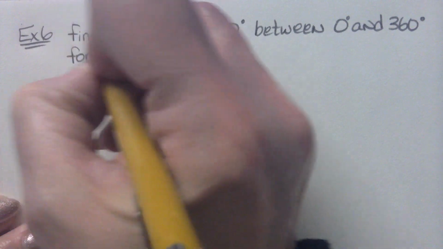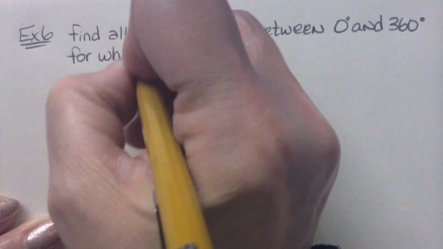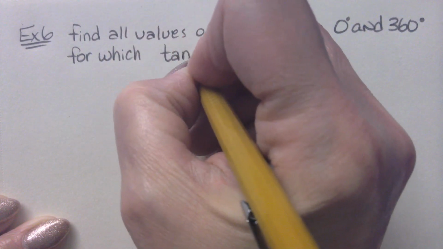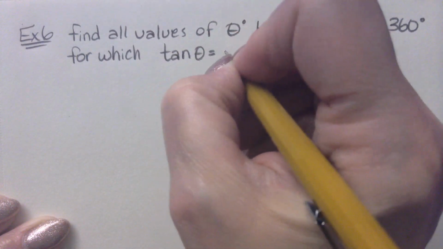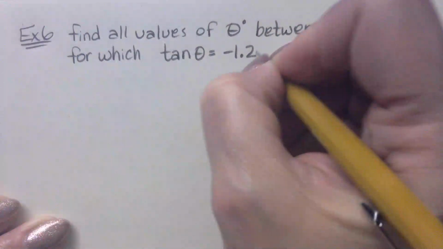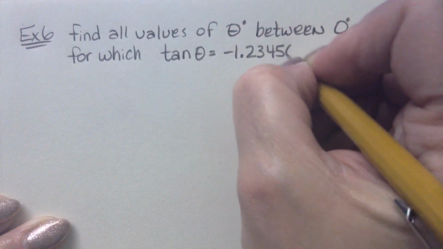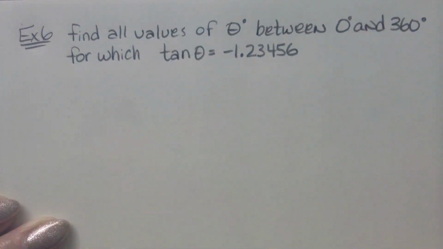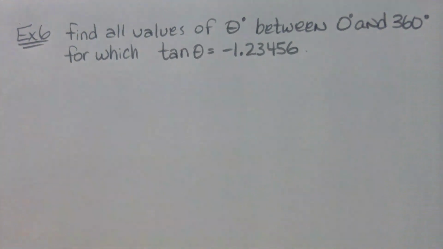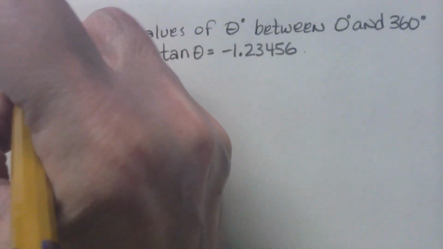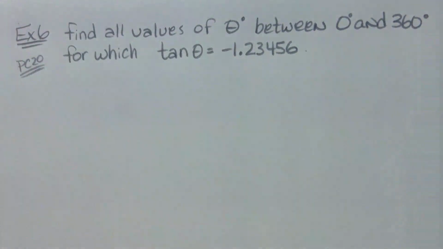For which tan theta equals negative 1.23456. That is the question. So find me all theta values between 0 and 360 where tan is equal to that. This is just reviewing what we did.